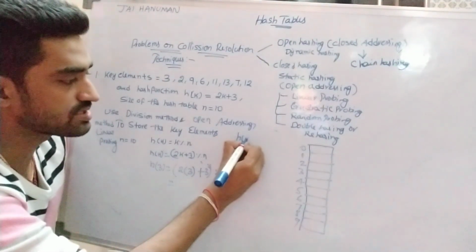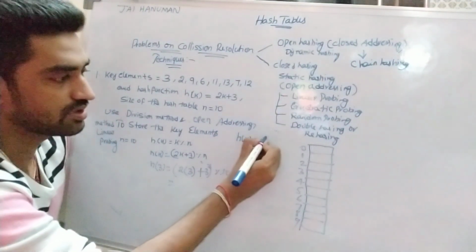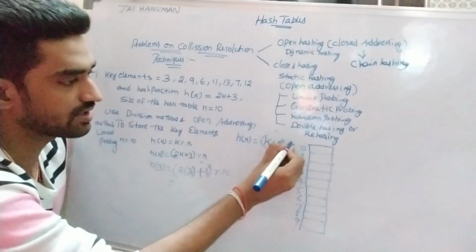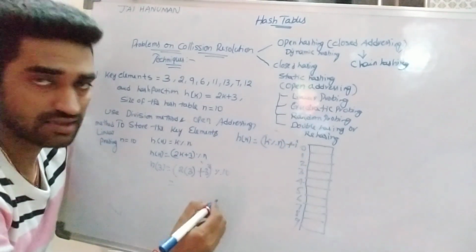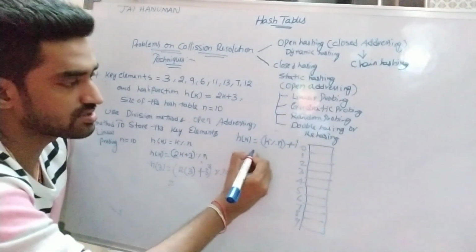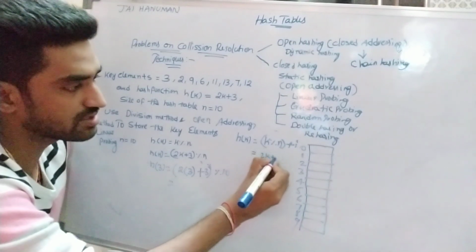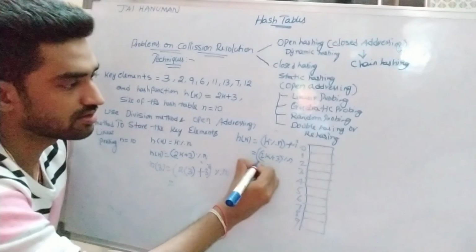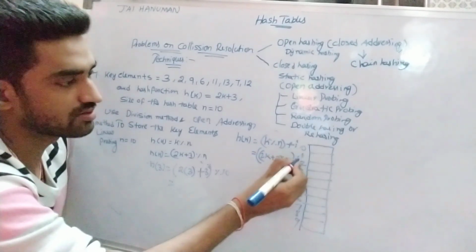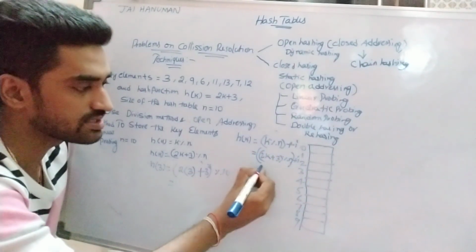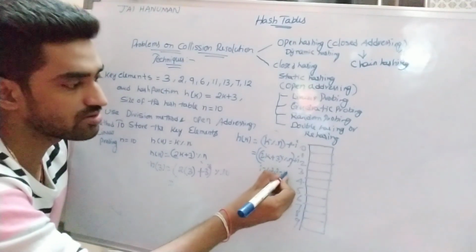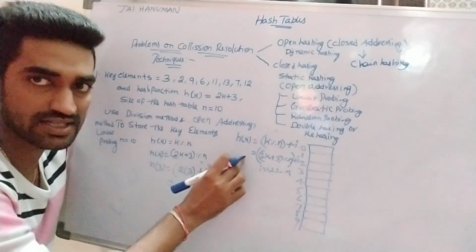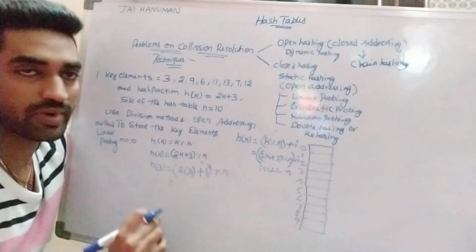H of k is equal to k modulo division of n plus i. Here k is already 2k plus 3, so I am considering 2k plus 3 modulo division of n plus i. The i value starts from 1 to n, so i is equal to 1, 2, 3 and so on. Once a collision occurs, then we apply this formula. So this formula is for linear probing, the open addressing technique.